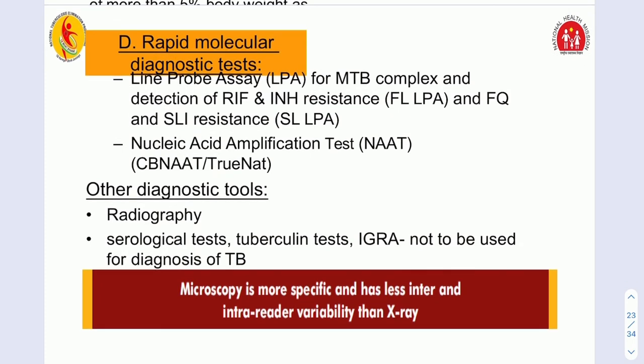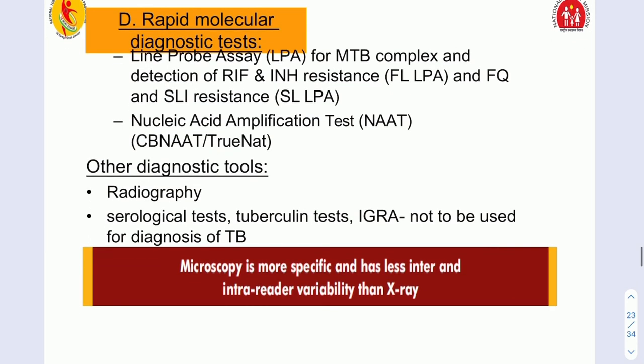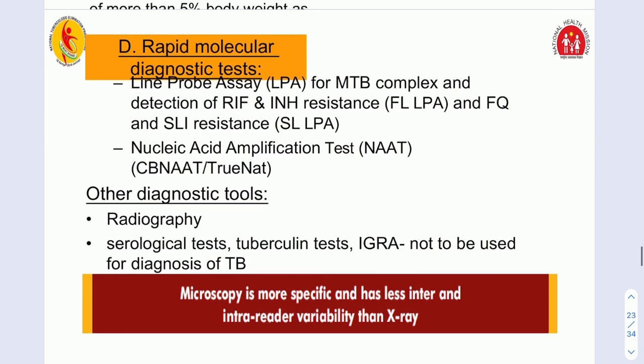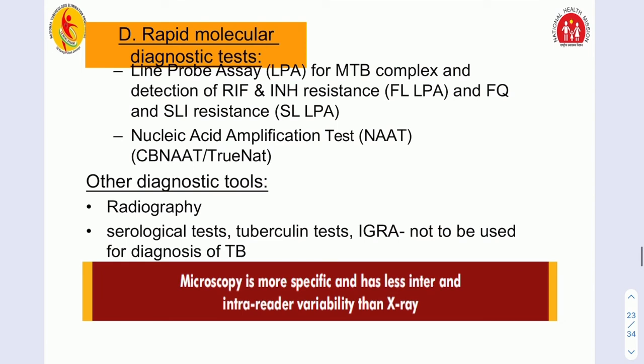Now, if we talk about the tests, what are the tests we usually use for the diagnosis of tuberculosis? First of all, we do smear examination, smear microscopy of the sample, where we look for the acid fast bacilli.